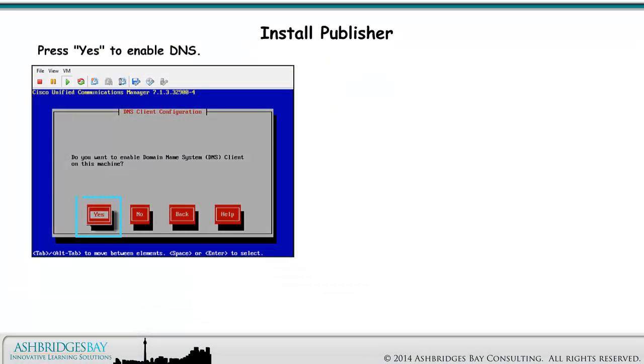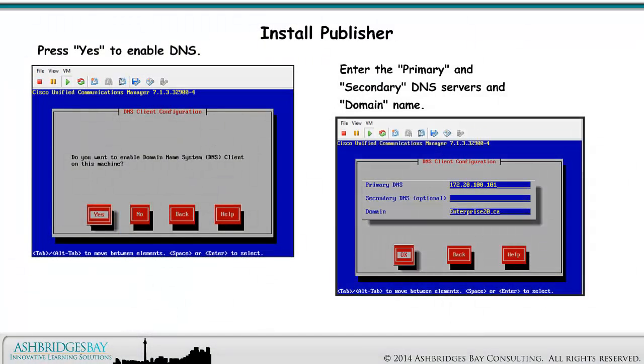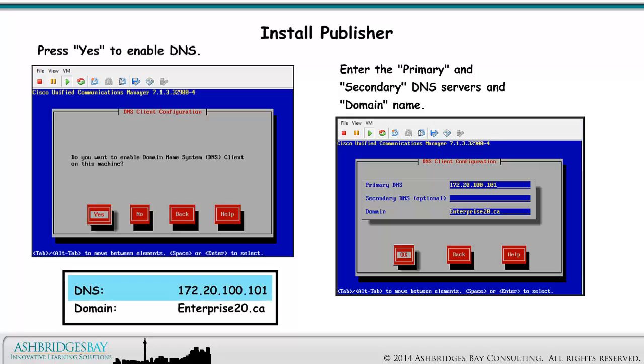Press Yes to enable DNS. Enter the primary and secondary DNS servers and domain name. For Enterprise 20, we have only one DNS server at 172.20.100.101 with the domain enterprise20.ca.